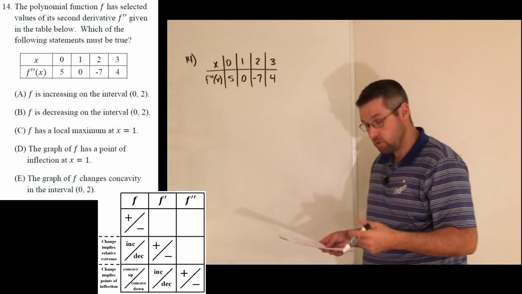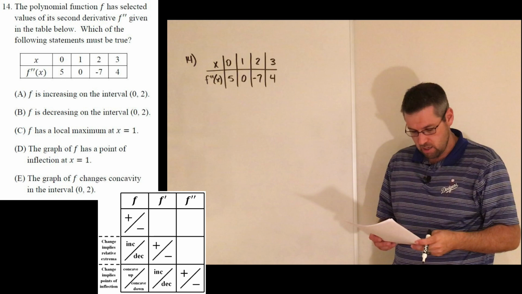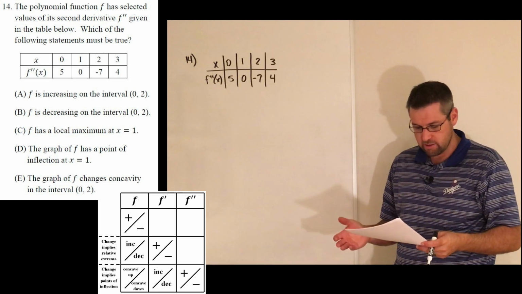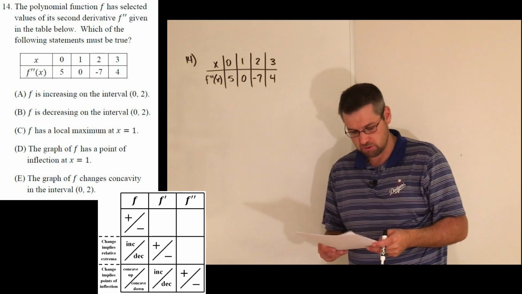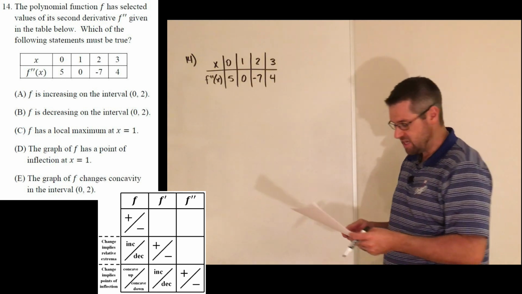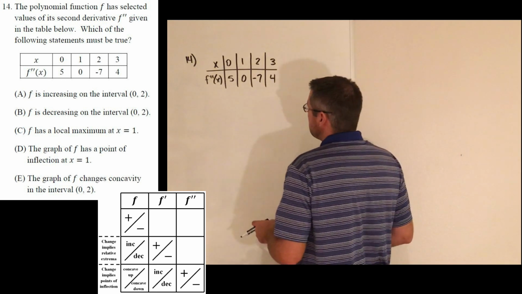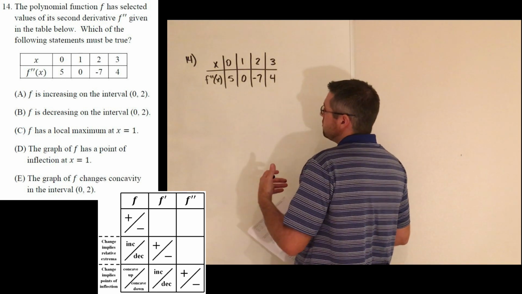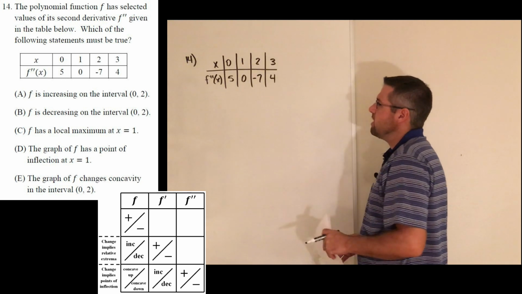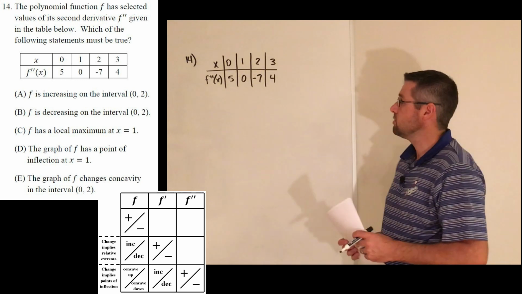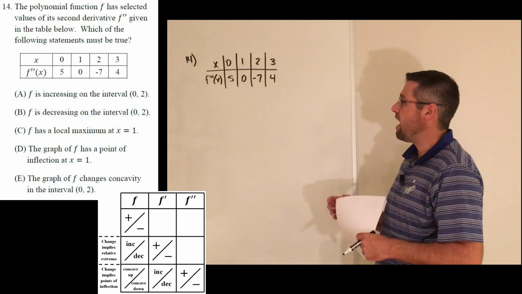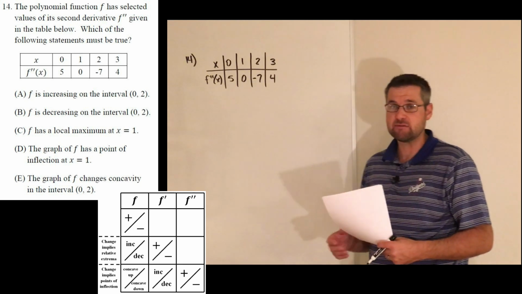I want to go through each of these options and explain why they must be true or why they must not be true. Option A says f is increasing over the interval 0 to 2. Referring to our chart, f is increasing when f prime is positive.